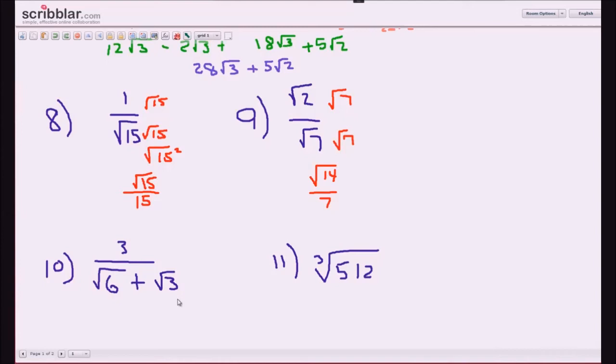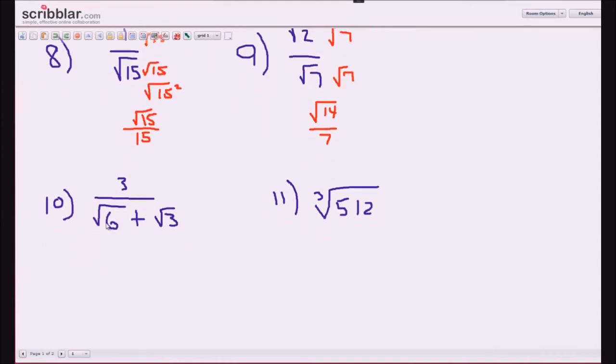Okay. Now for this one, what we have here is root 6 plus root 3. We're going to have to actually multiply it by something called a conjugate. And if you remember the last couple of chapters, we had some special cases, and also in this current week coming up here, it's called factoring.